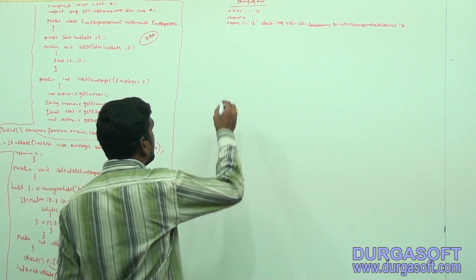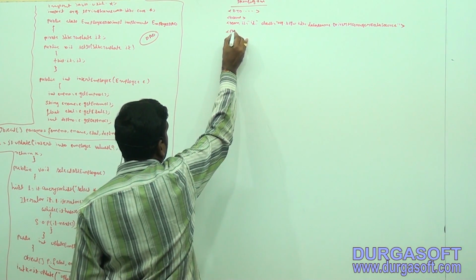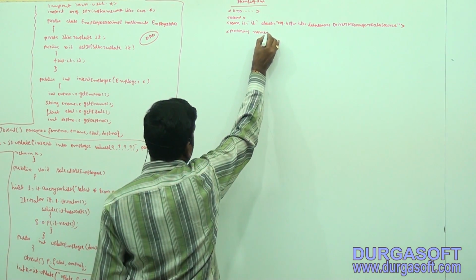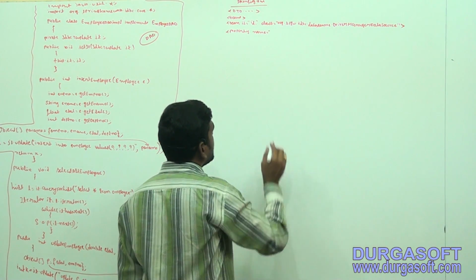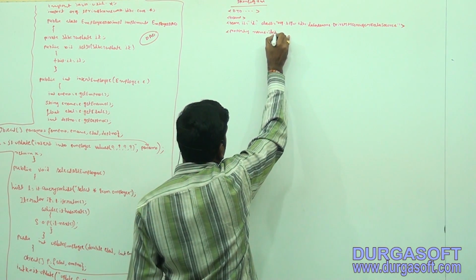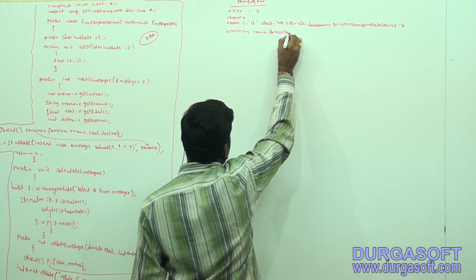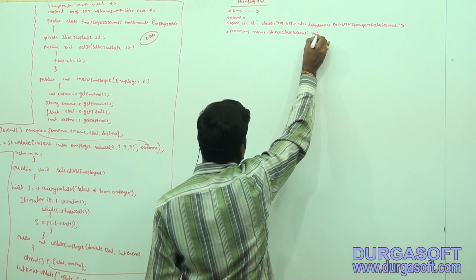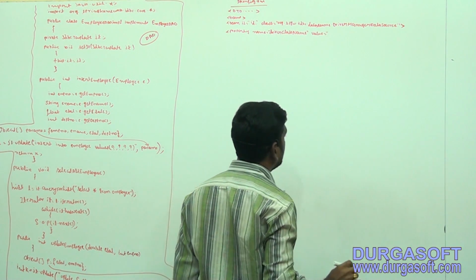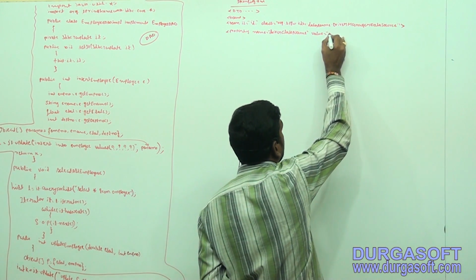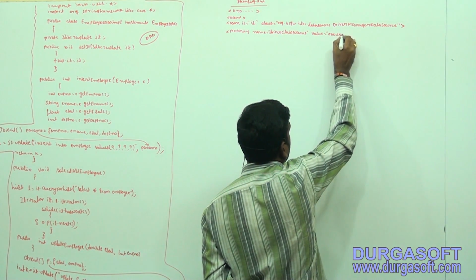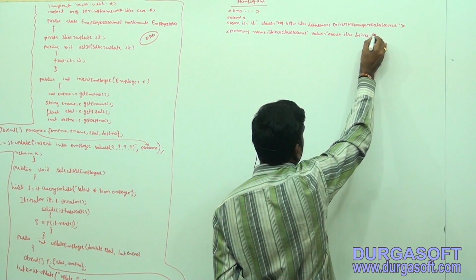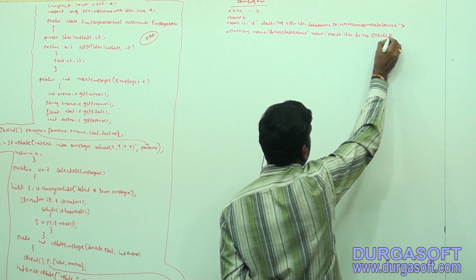Under that we have to take the property name is equal to driverClassName, value is equal to oracle.jdbc.driver.OracleDriver.